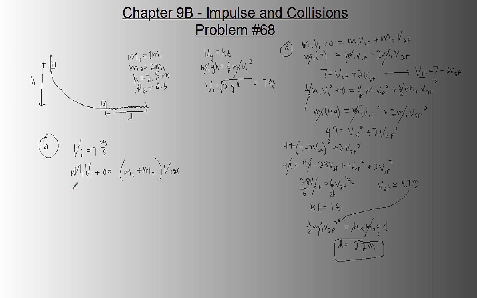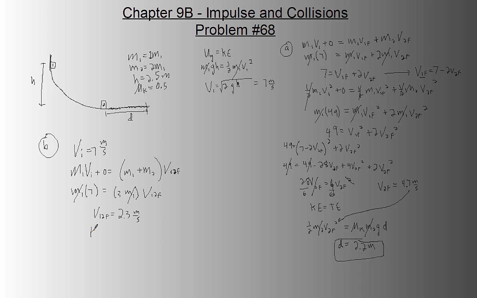This is m1 times 7 equals, and don't forget m2 is 2 m1s, so this is 2 m1s plus 1, so that's 3 m1s times v12f. These cancel. Solve for v12f, and you get 2.3 meters per second. Should make sense, because two masses are harder to push than one, so the speed shouldn't be as high as it is when just 2 is by itself, and it's not.